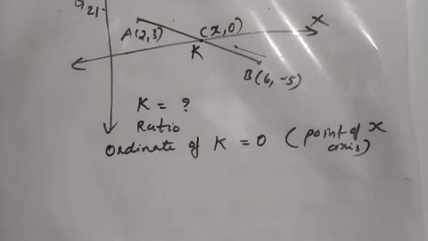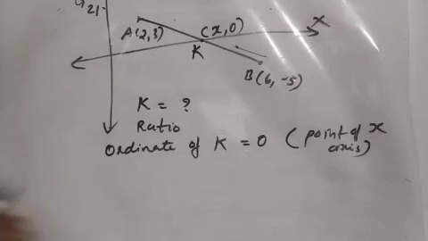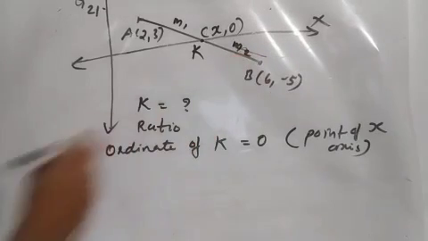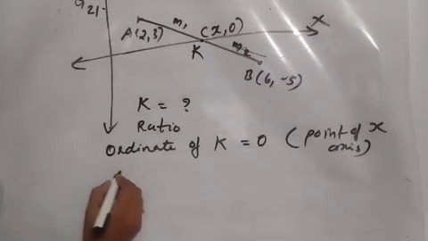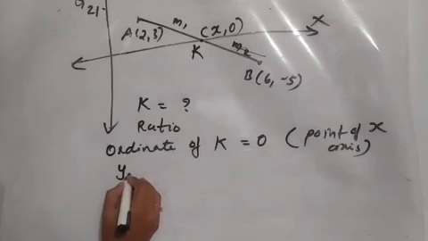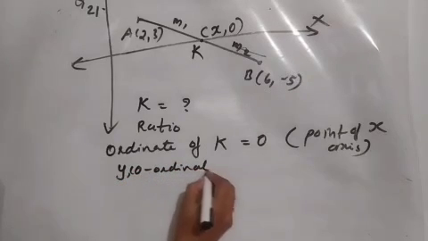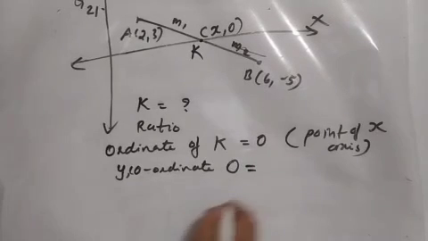Now the next is the coordinates of point K. Also find the ratio in which K divides AB. So the ratio we have to calculate, m1 is to m2. Let the ratio be m1 is to m2, and we know the y coordinate. What is the formula to find the y coordinate, or ordinate? 0 is equal to, how can we apply the section formula to find the ordinate?